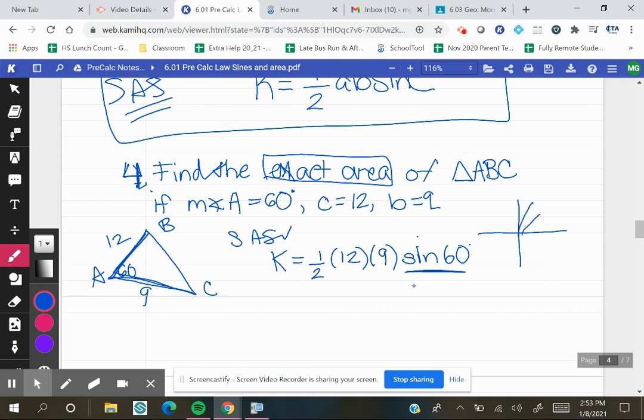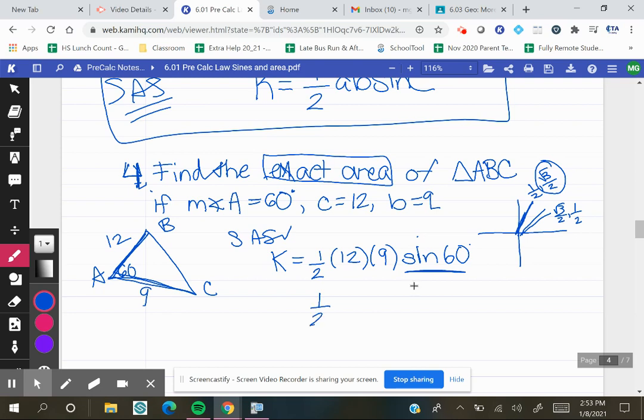If you don't, you could draw your table or your 3 lines. So remember, this is rad 3 over 2, 1/2. I'm going to skip 45 for now because I know that one's rad 2 over 2. So here I want to find the sine of 60. So here's 60 degrees. The sine is the second term here. So that is rad 3 over 2.